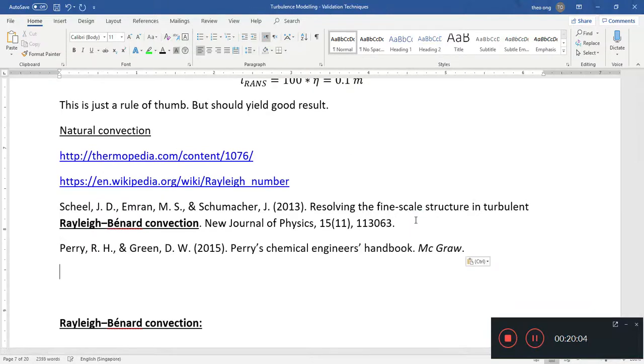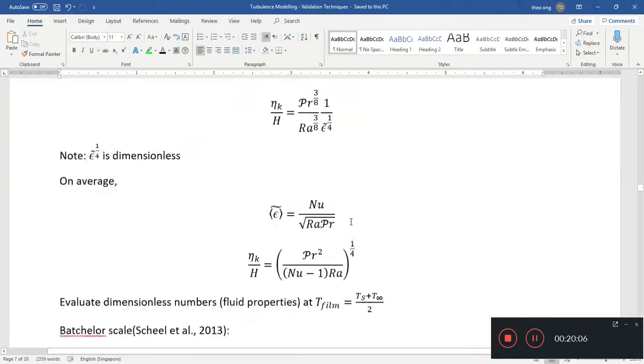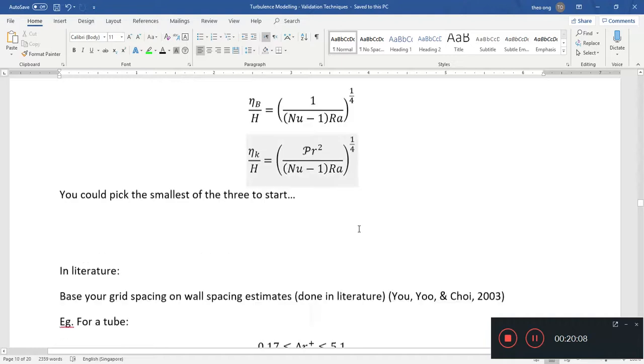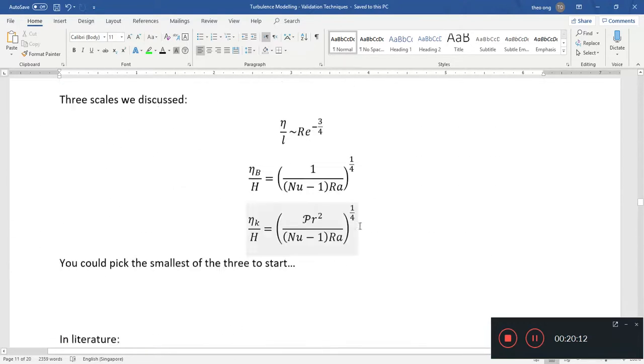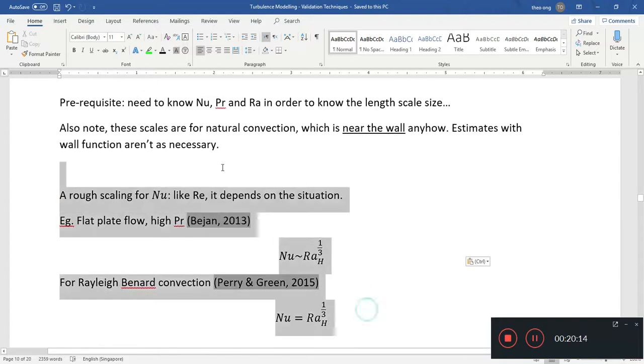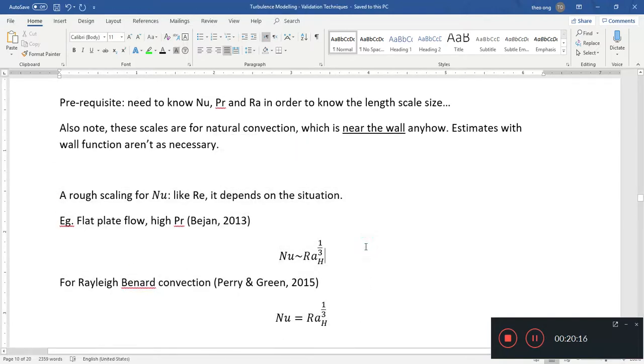Alright, so that covers the scales, at least for the free shear region of natural convection. That covers the length scales that we need to worry about, especially for direct numerical simulation.